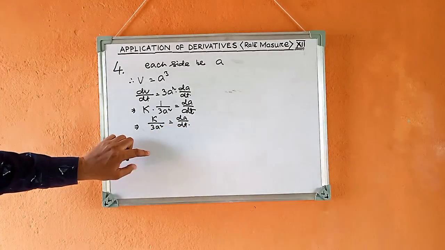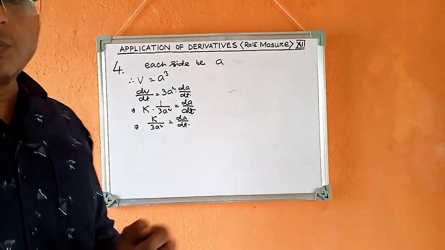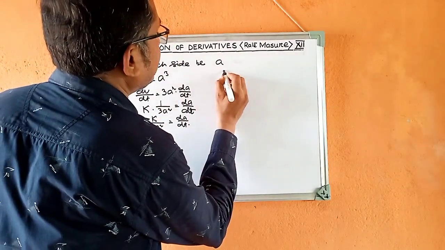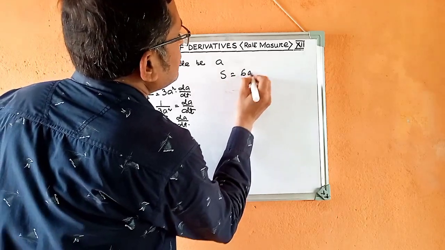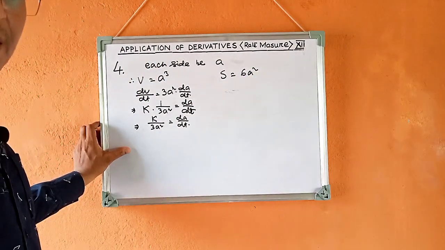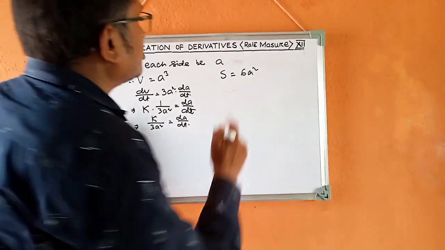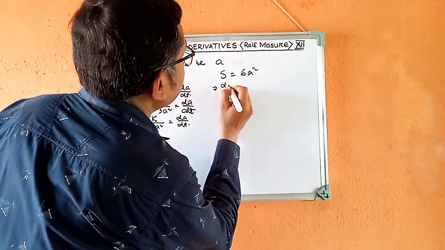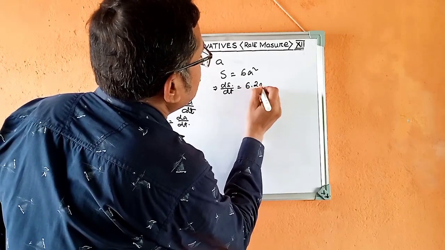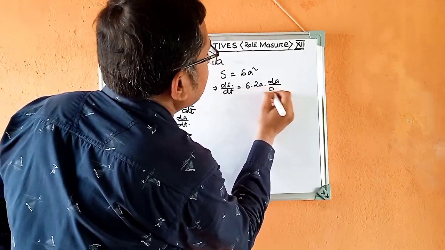What is the surface area of a cube? That is 6a². So we take surface area S = 6a². Again we differentiate both sides with respect to t, and we get dS/dt = 6 into 2a into da/dt.